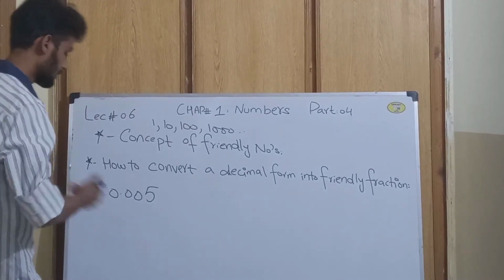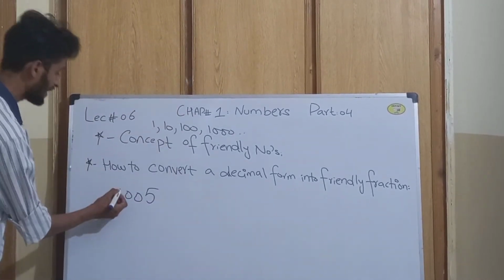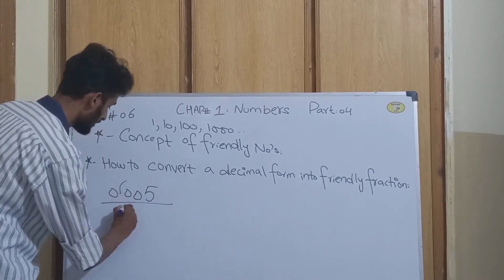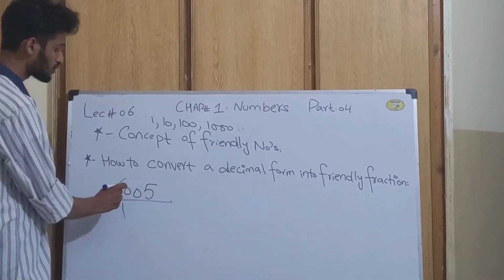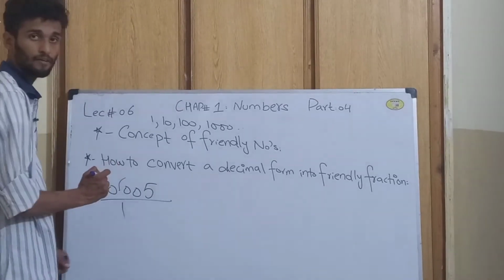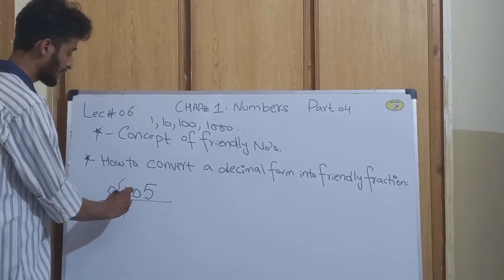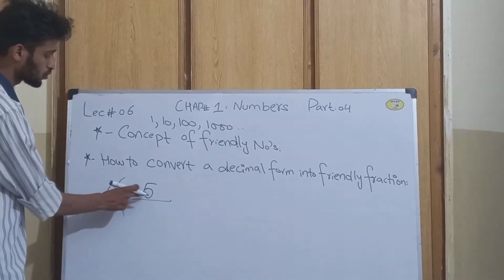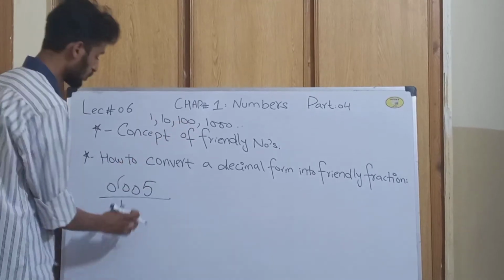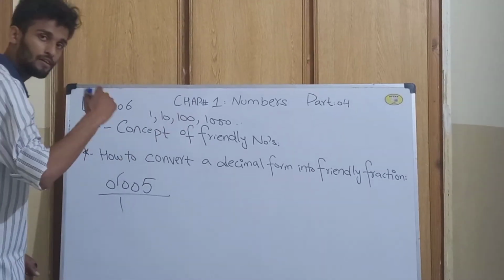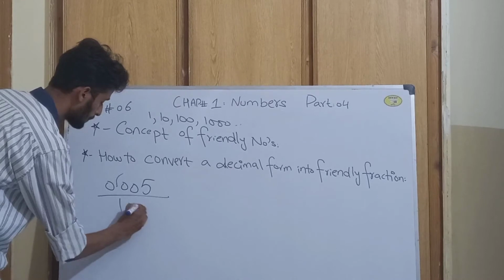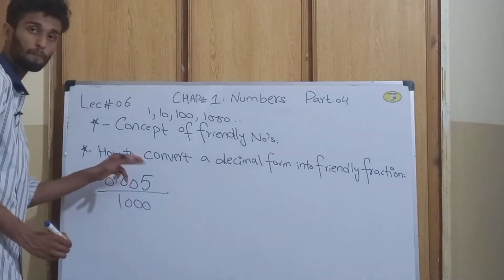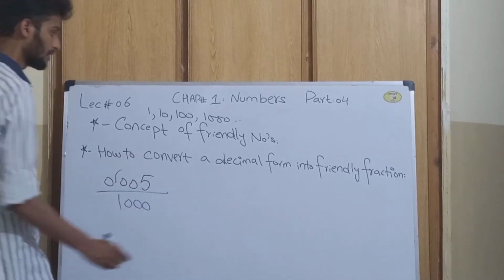First of all, we will replace this dot by 1, and the number of zeros will be decided according to the numbers present after the decimal. For example, after this decimal 1, 2, 3, 3 numbers are present. So in this friendly number we will write 3 zeros. So the number of zeros will be decided according to the numbers present after the decimal. Here write a note.